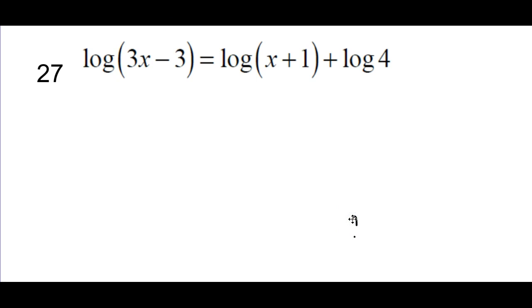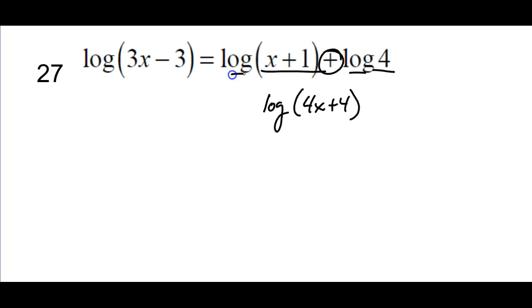For the next one, I'll save you the hassle of listening to me. I'll just kind of solve this one silently. Just multiplying these two, since I'm adding logarithms at the same base.